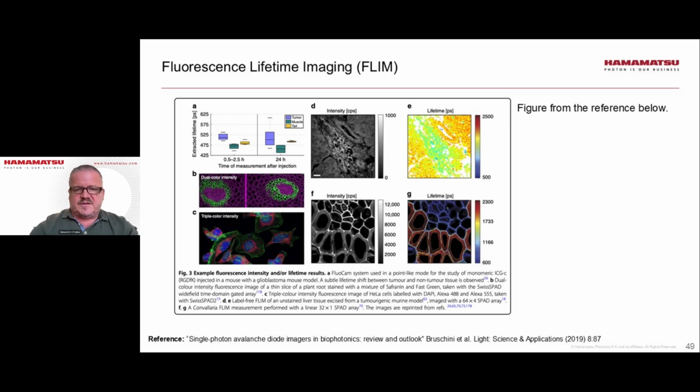And so here we see an example from the reference below showing that with a SPAD array, you can certainly not only get intensity, that's kind of like a bonus, you get an intensity image, but also the image of the lifetimes, which, using color coding, we see changes in the image field.